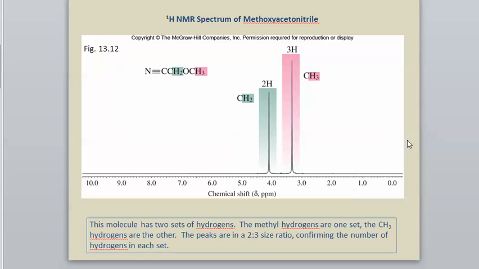But again, that's consistent with that structure there. And again, the 2H and 3H is telling us that these are in a 2:3 ratio by their area, which allows us to also associate the correct peaks with the correct hydrogens, the smaller peak being created by the smaller number of hydrogens.